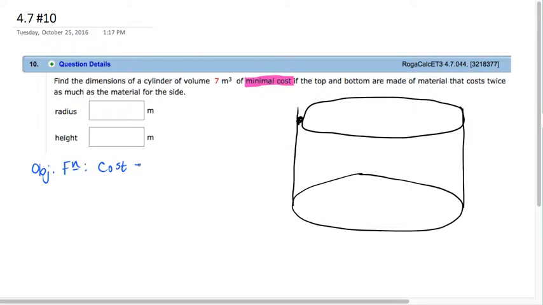Okay, so cost is, let's see, the top and bottom are made of material that costs twice as much as material for the side. So the top and the bottom cost one amount, and then the sides cost a separate amount. So let's break it up into the sum: cost of the top and bottom plus the cost of the sides, because we know they're different.